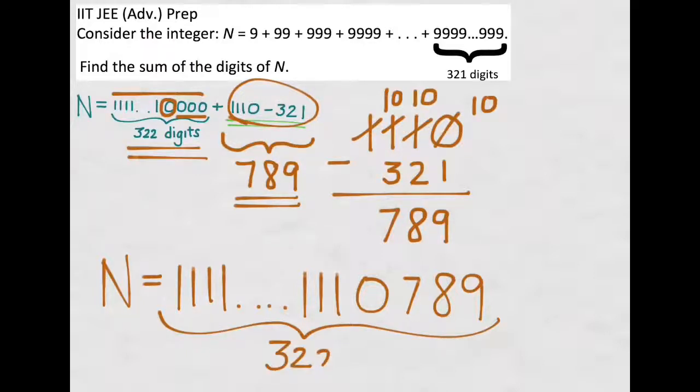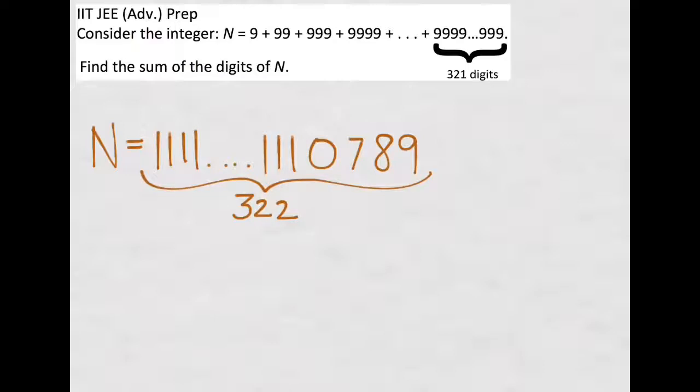And the question asked us to find the sum of the digits of n. Since we know that n has a total of 322 digits, and the last 4 digits are the only digits that are not 1, we can conclude that 322 minus 4 digits are indeed 1.